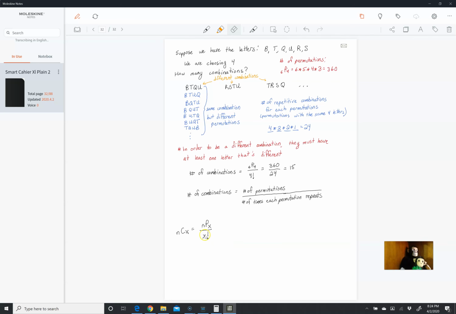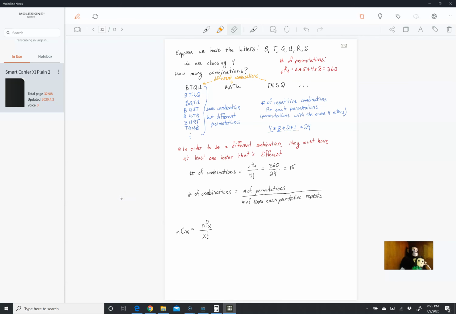It's X factorial because we're using all of the letters that are here, and this is telling us how many letters are in the permutation, right? 6P4 tells us, okay, we've chosen 4 things, so there are 4 letters in the permutation. And we're looking at, well, how many repetitions there are, the number of ways that we can arrange what we've chosen. So we've chosen 4 things. There are X factorial ways to arrange those 4 things, or 4 factorial ways to arrange those 4 things. Okay.